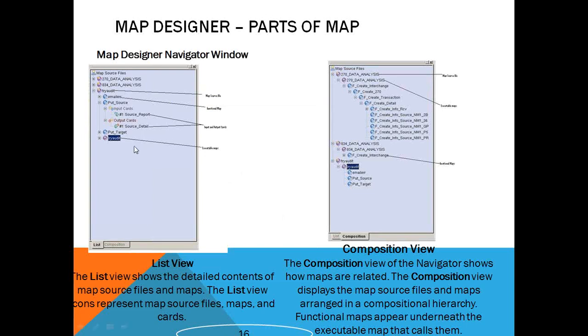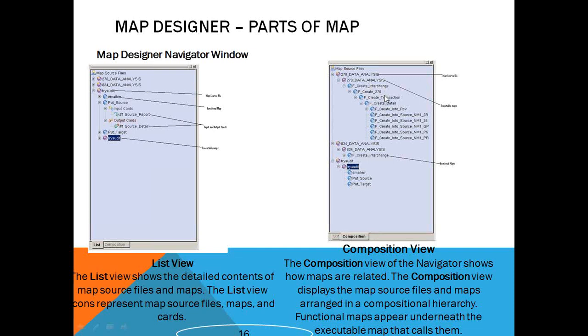Then there will be two views, list view and composition view. Composition view will show the hierarchy; basically now it is outline view. This is composition view. Suppose the map has 10 functional maps, it will show like this: F create interchange. This means hierarchy. Inside F create interchange, we created 270.